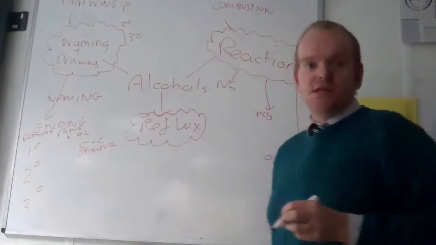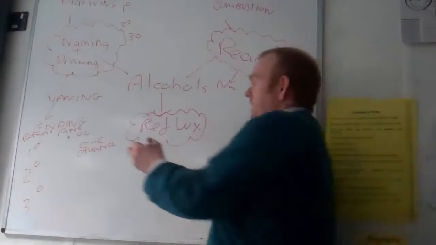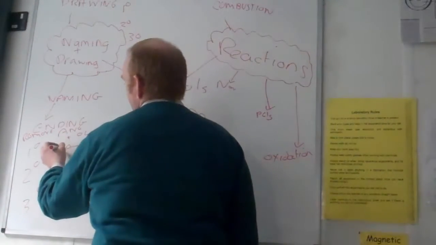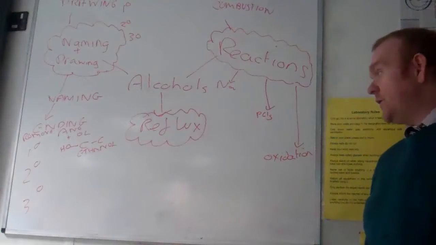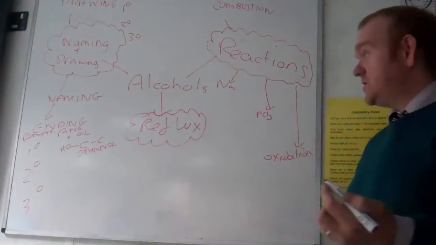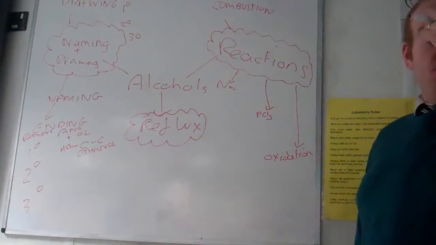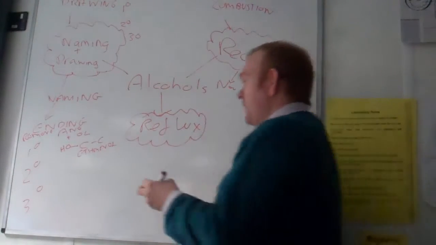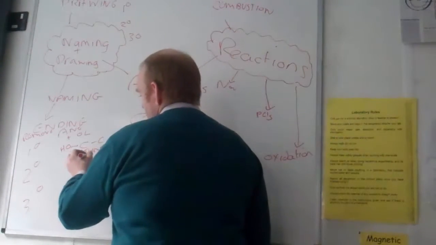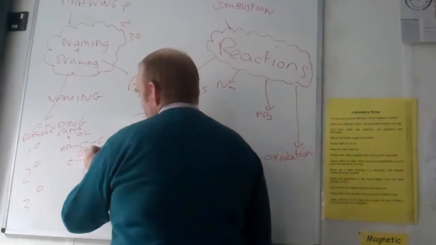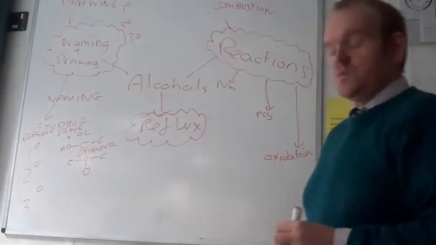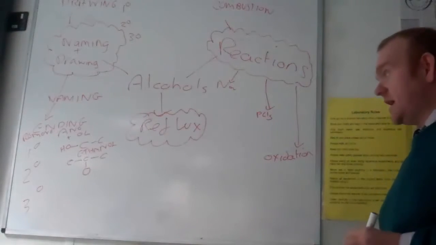Okay, and these can be primary or secondary or tertiary based on the position of the alcohol. So if you've got 1 carbon chain as an ethanol, it's going to be a primary molecule. If the oxygen that is attached to the carbon has 2 different carbon groups, then it is a secondary alcohol.